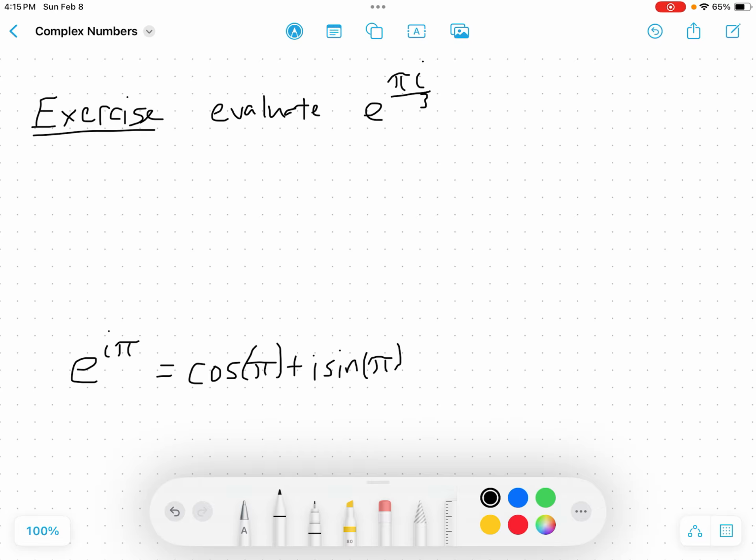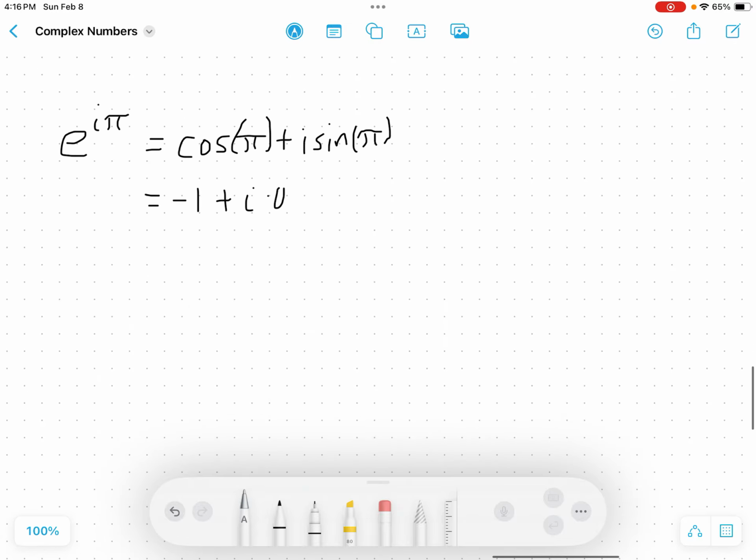So cosine of pi is going to be negative 1. Sine of pi is 0. So we get the equation that e to the I pi is equal to negative 1.